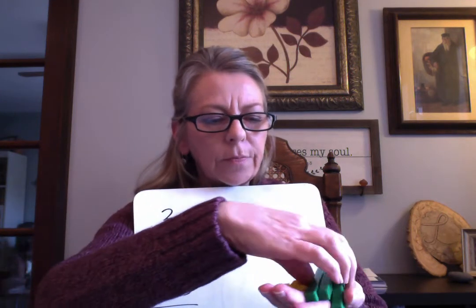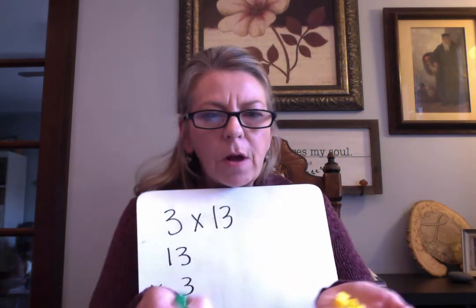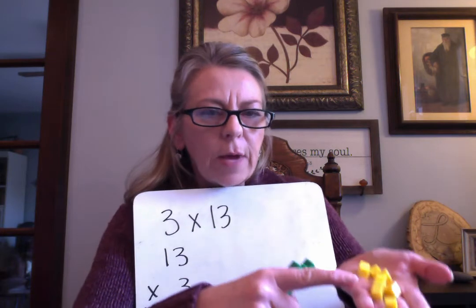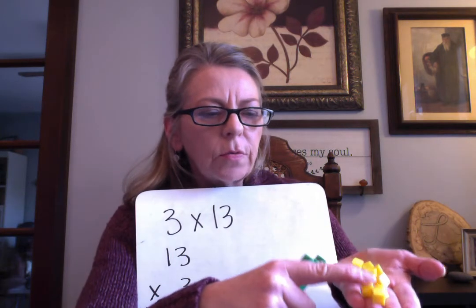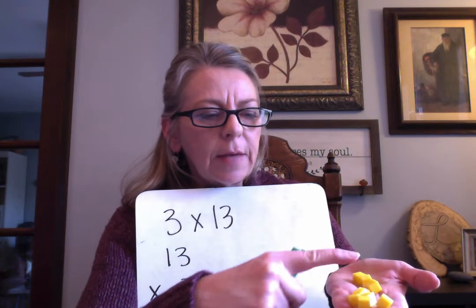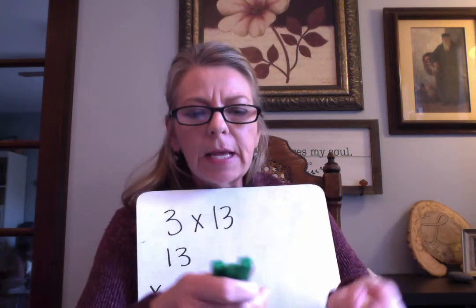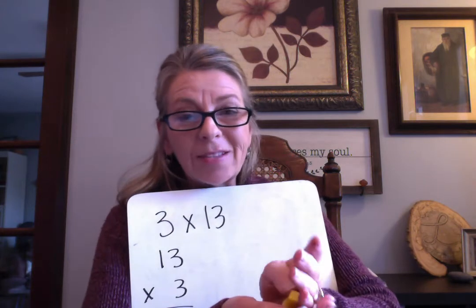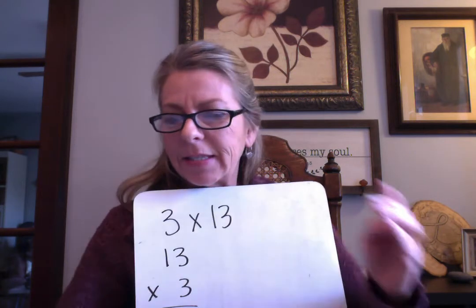Okay, so if I put all my ones together and all my tens together, let's count our ones. 1, 2, 3, 4, 5, 6, 7, 8, 9, right? 9 ones. And how many tens do I have? Right, I have 3. So my answer should be 39. So let's see how that works.